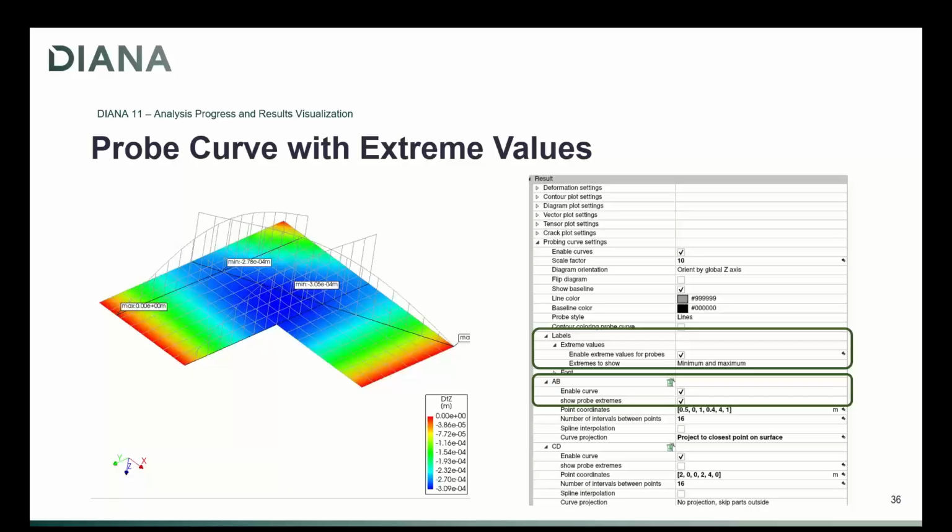Then when you are inside each probe curve, you can select the show probe extremes. So you can have several probe curves defined, and then only show maximums or minimums in selected ones.